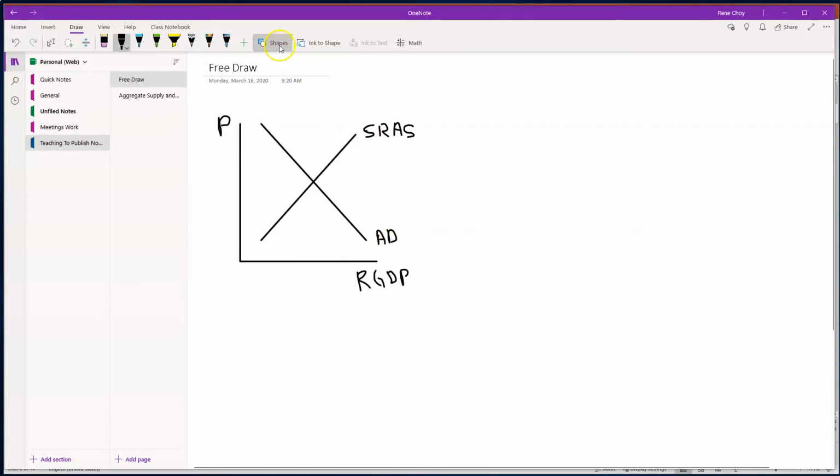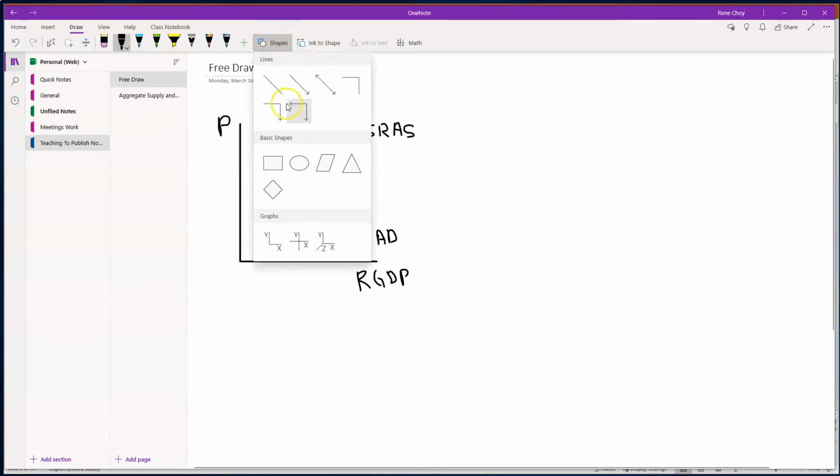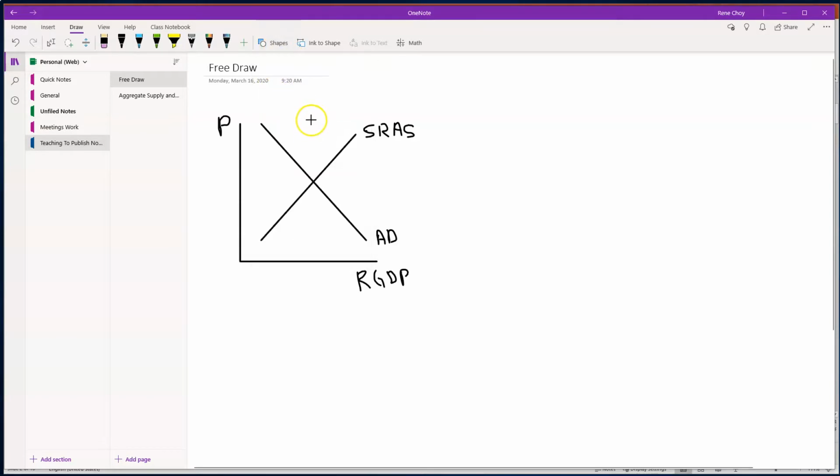Now this model has a third line. This is the long run aggregate supply.